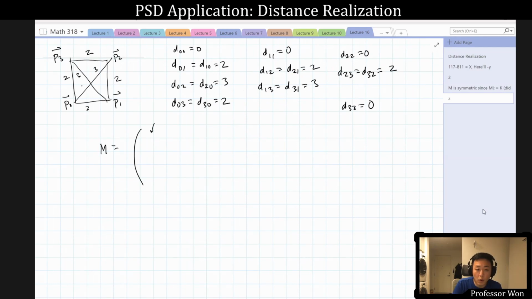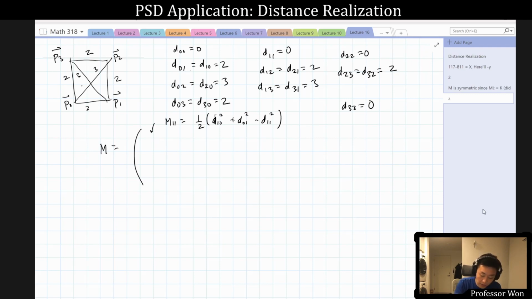This one is M11. So I'm supposed to take 1/2 times D10 squared plus D01 squared minus D11 squared, right? So that's D01 squared is 4, minus D11 squared is 0. So it's 4 plus 4, but then I need to multiply by 1/2.